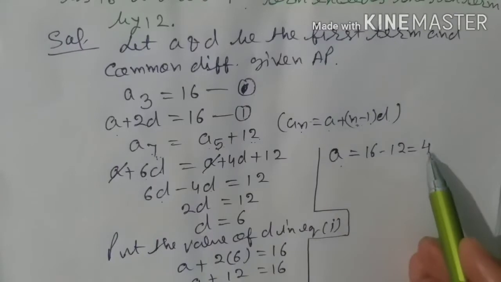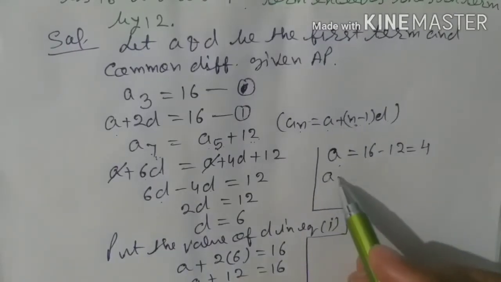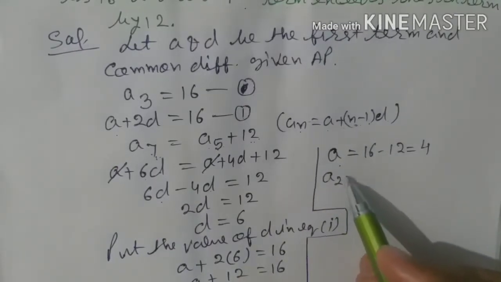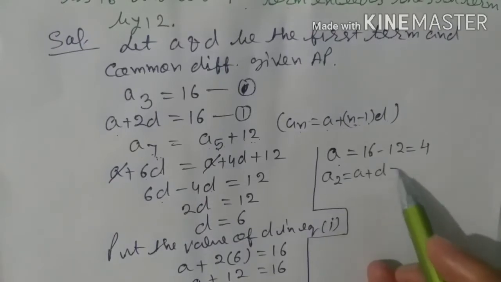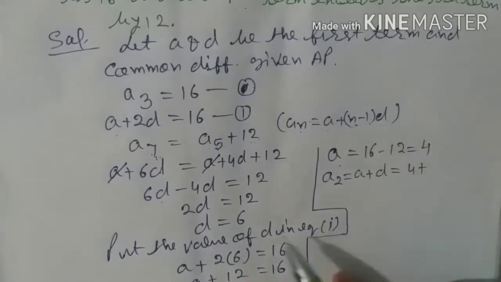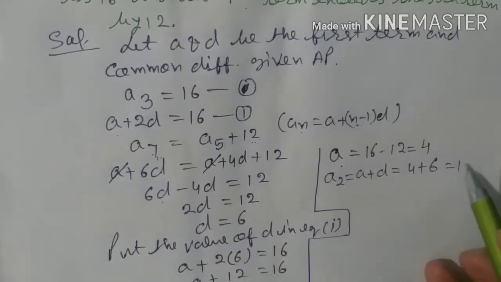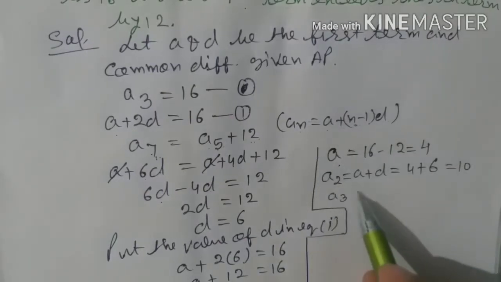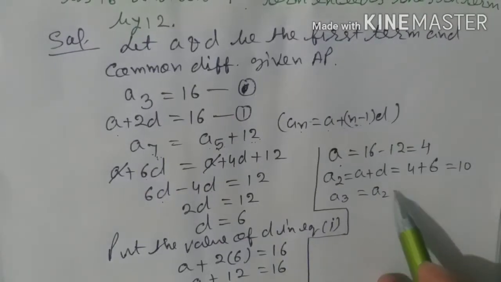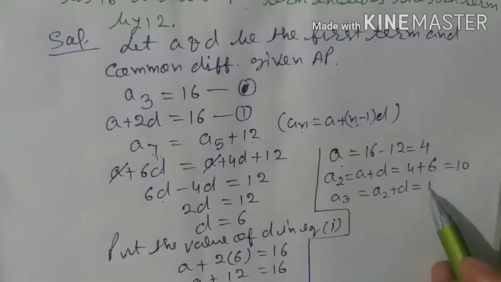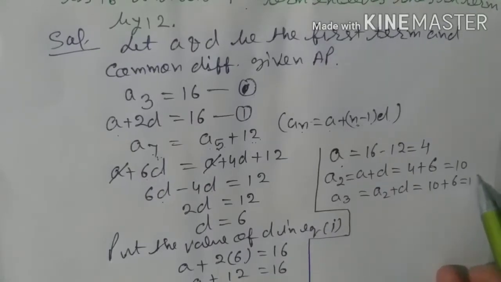Now when A is equal to 4, then A2 is equal to A plus D, means 4 plus 6 is equal to 10. A3 means A2 plus D, 10 plus 6 is equal to 16.